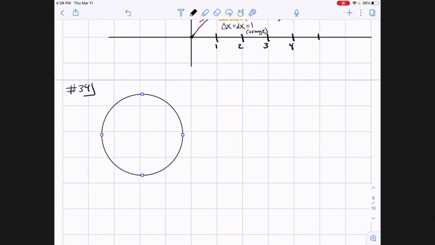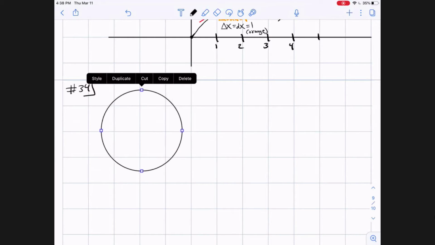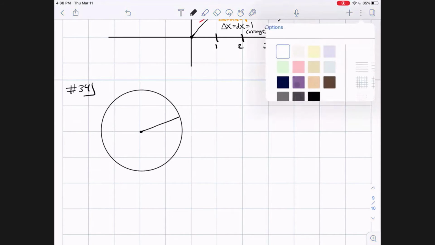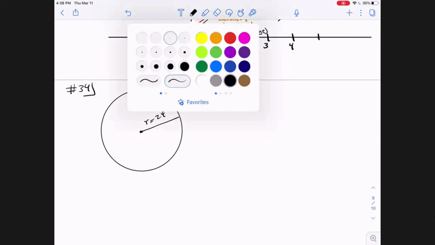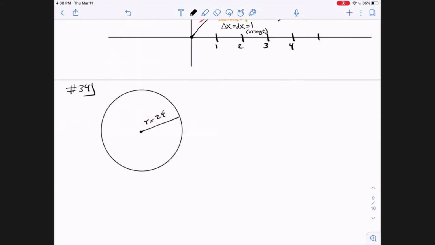Okay, I'm going to get rid of the graphic because it's throwing me off. So here's the radius, which is 24 centimeters.